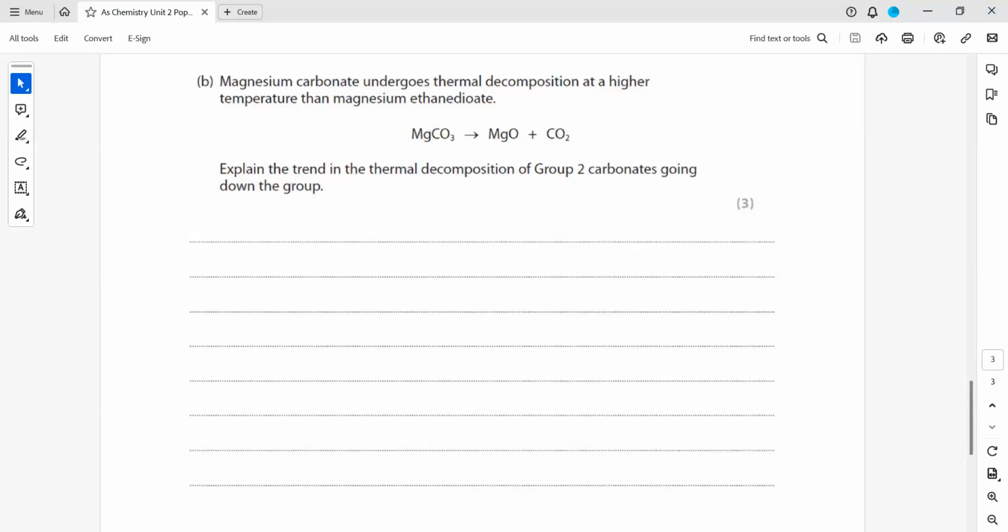So the last part: magnesium carbonate to magnesium oxide and carbon dioxide. Explain the trend in thermal decomposition.